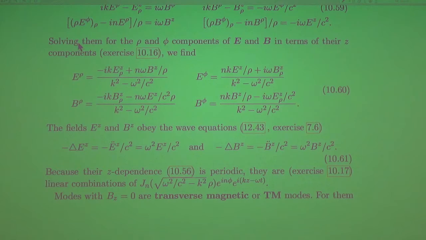And it also shows that B_rho is proportional to E_z, which vanishes for TE modes, and then the rest of it is the rho derivative of B_z. And if you then take the rho derivative of B_z, that's just what I wrote down there. So that's basically the solution for problem 19.